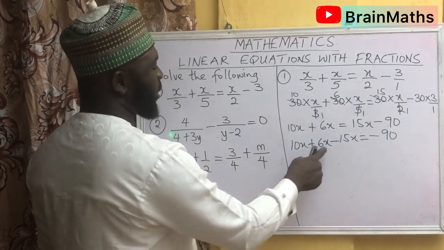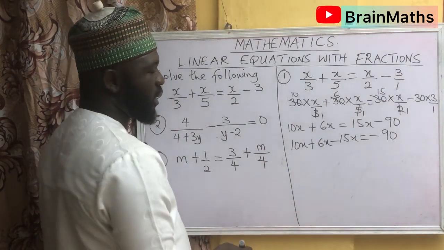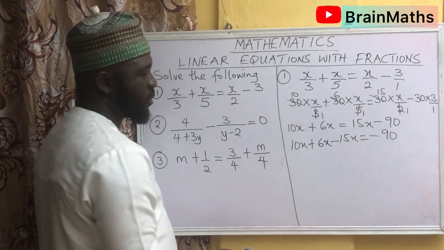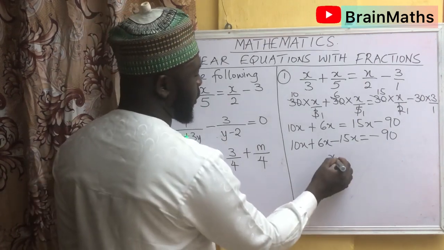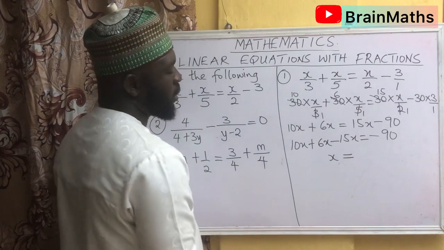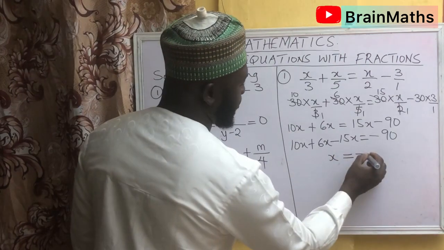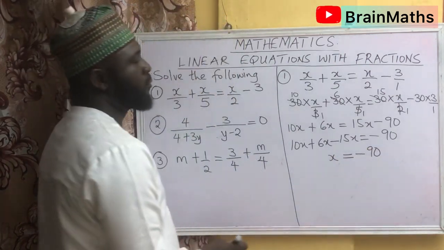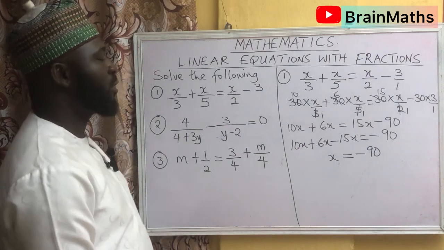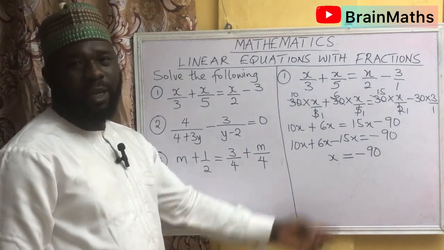So 10x plus 6x will give 16x. 16x minus 15x will give us x, and that is x equals minus 90. So our answer for question number 1 is actually x equals minus 90.